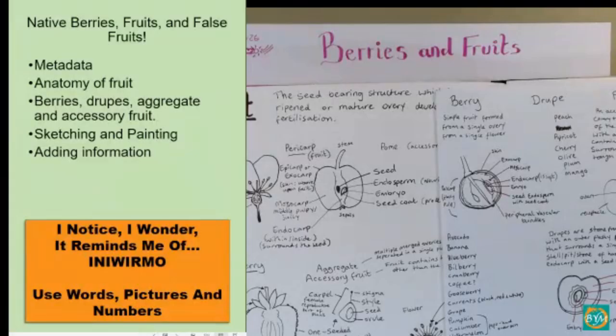We're going to look at a few different types, and then we're going to sketch, possibly paint if you want to, a selection of different berries and fruits that grow wild in the UK. So we're going to use the I notice, I wonder, it reminds me of prompts, and use a mixture of words, pictures, and numbers to journal.